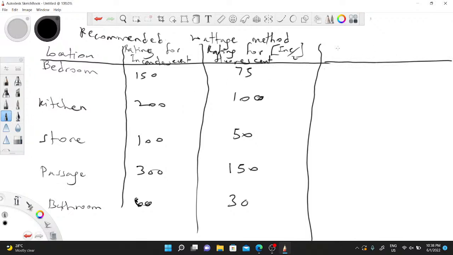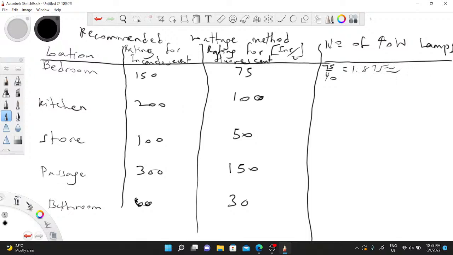Then over here, I'll have the number of 40 watt lamps, so I'll divide this by 40. So I'll do 75 over 40, which gives you 1.875.